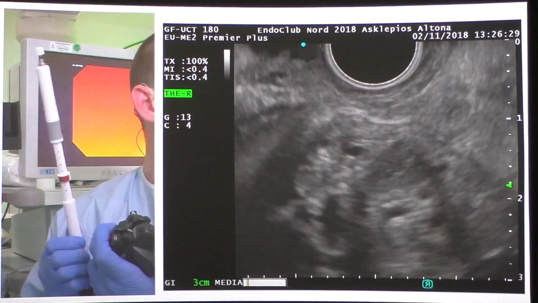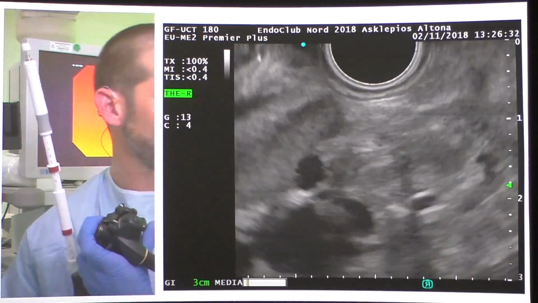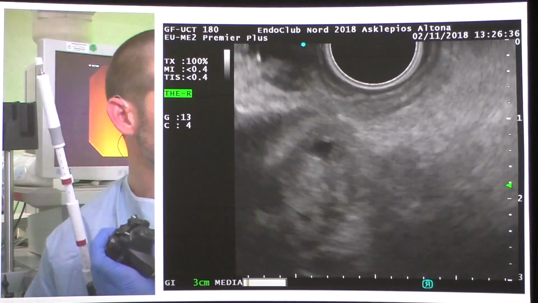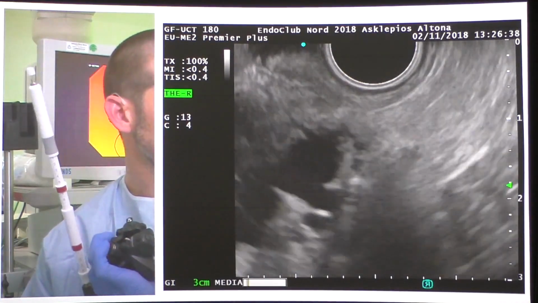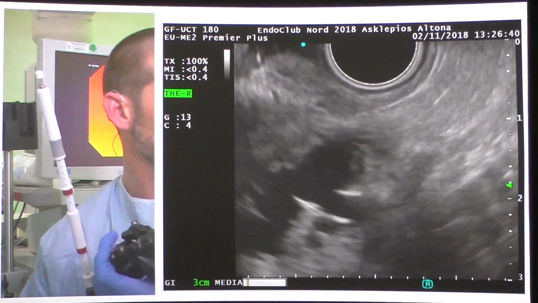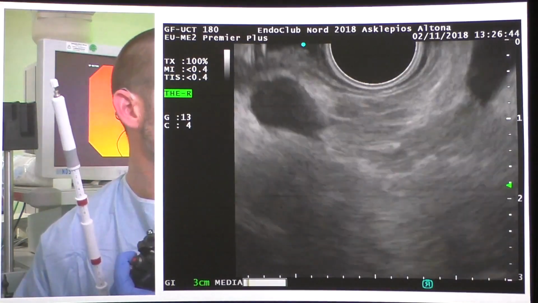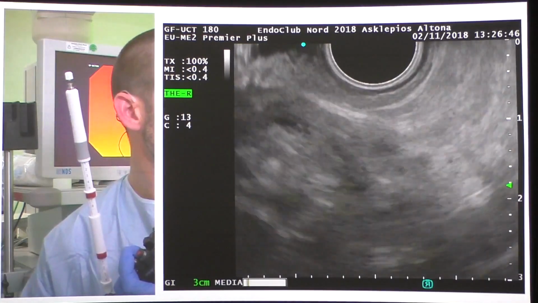Now I take the stiletto back and it's very white tissue. With the elastograph it was also very soft, and please hold it again.